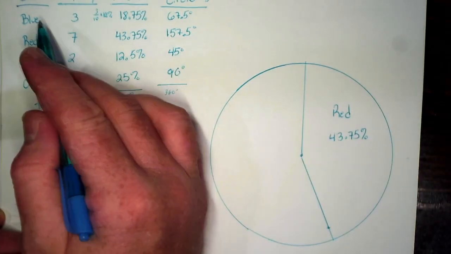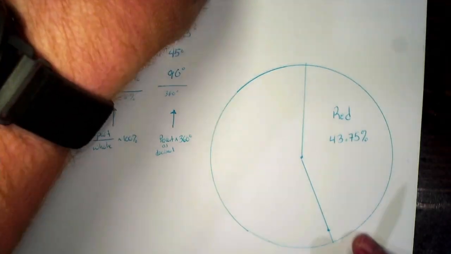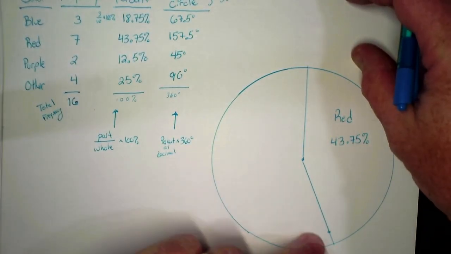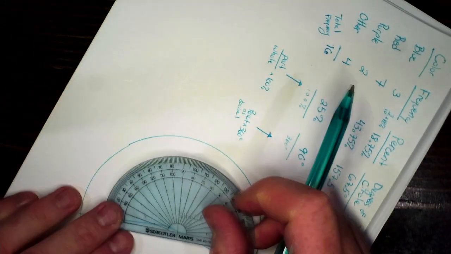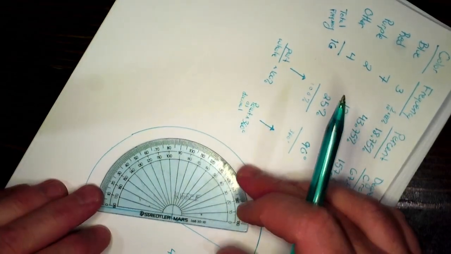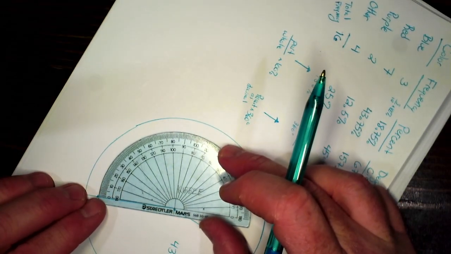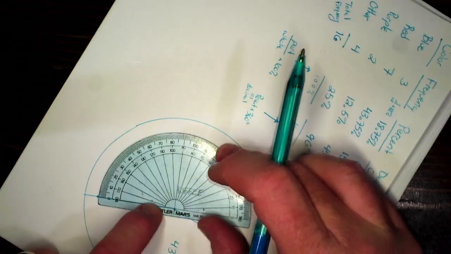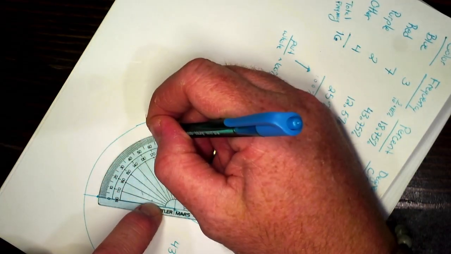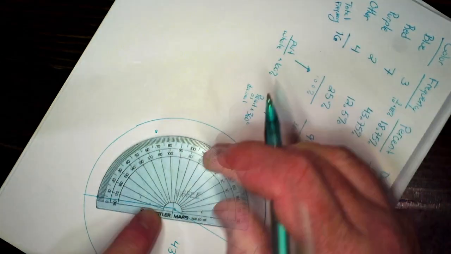All right, now the next biggest one is blue, 67.5. So now I'm going to build off of this line segment. So I'm going to come down here and rotate my paper again. And then I'm going to go this time along the outside again until I get to 67.5, which is about there.